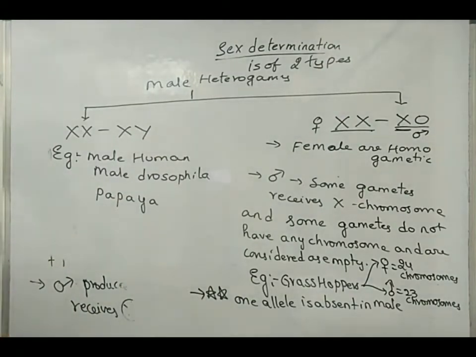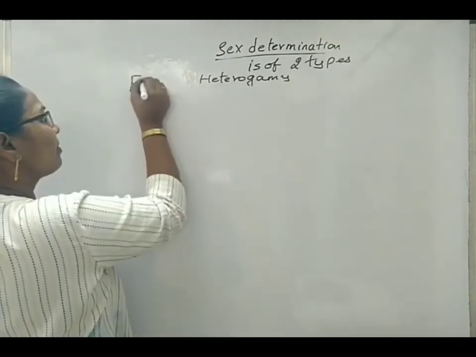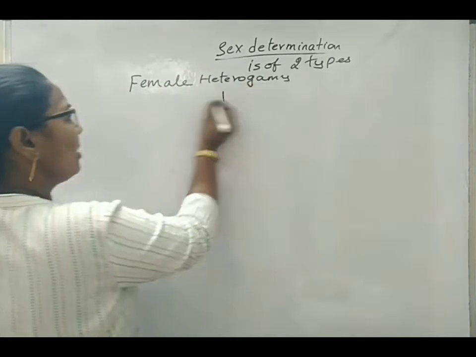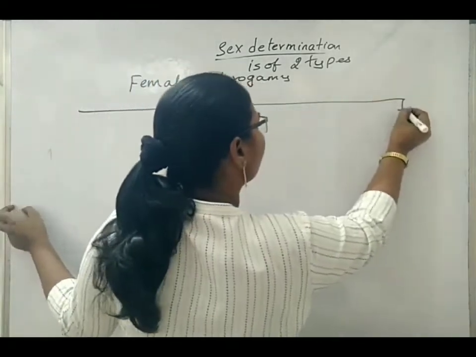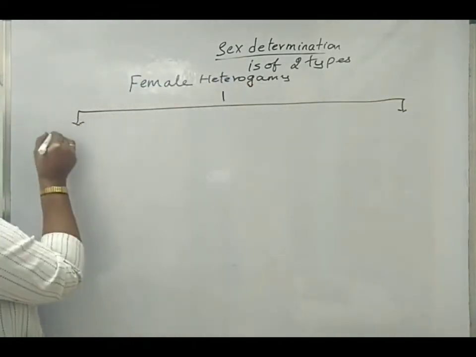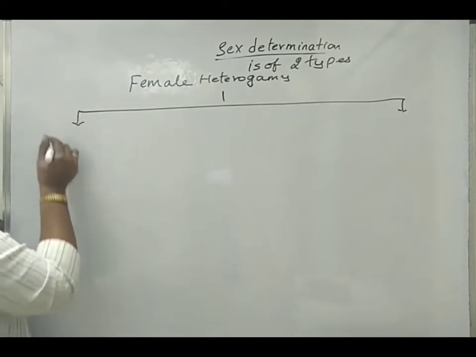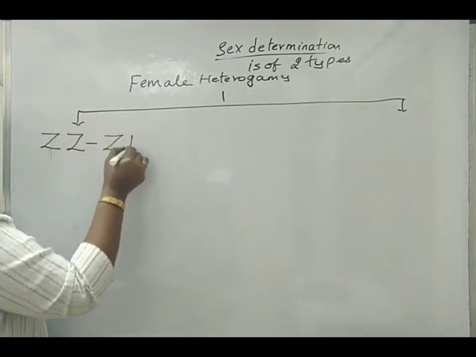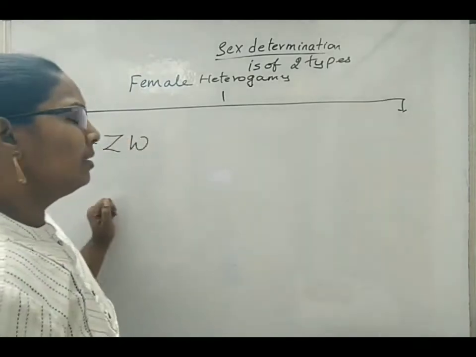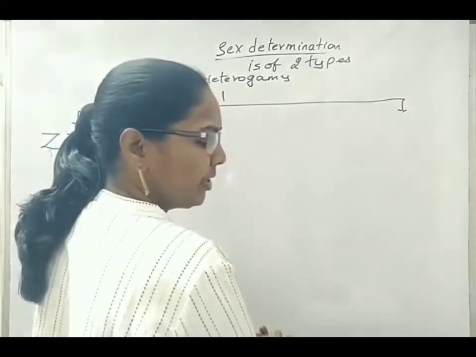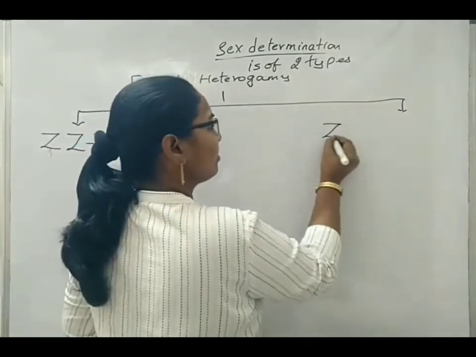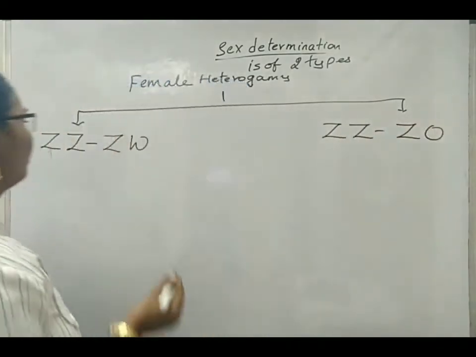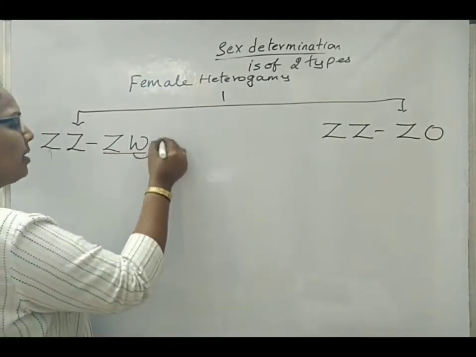Next about female heterogamy. Again, it is also of two types. Here we are not taking XX, we are taking ZZ and ZW to represent the sex or gametic condition. What does it represent?